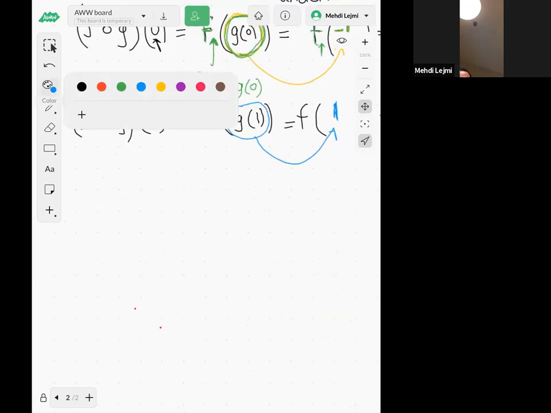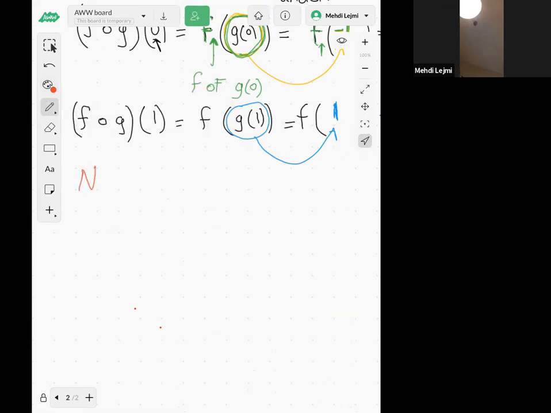So we have all these operations: sum, subtraction, multiplication, or division of functions. Now the big question is, what's the domain? So we're going to try to find the domain.